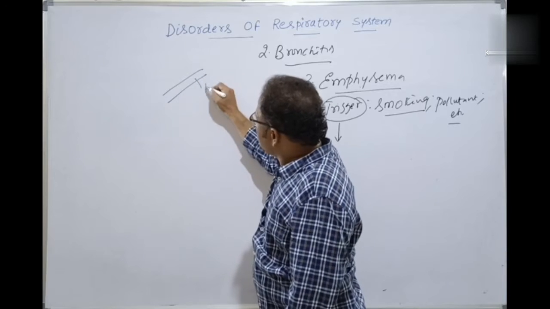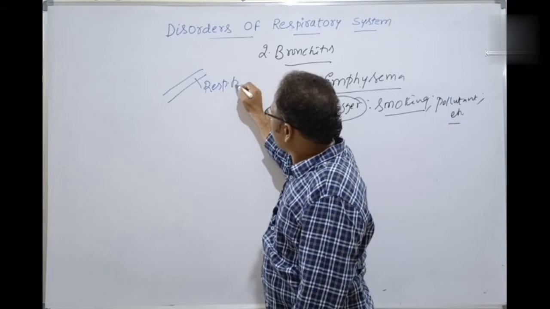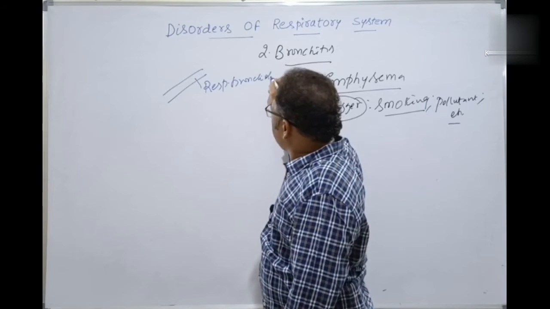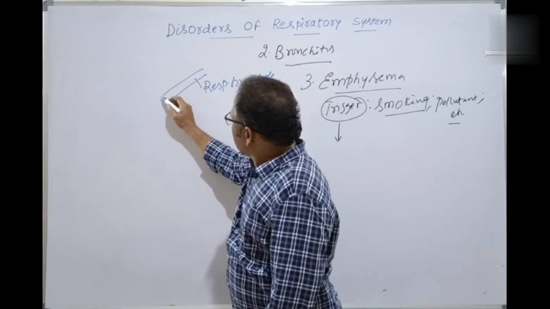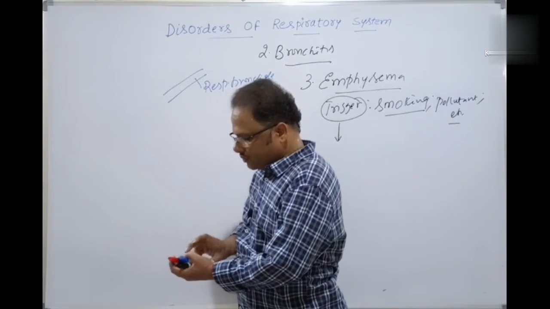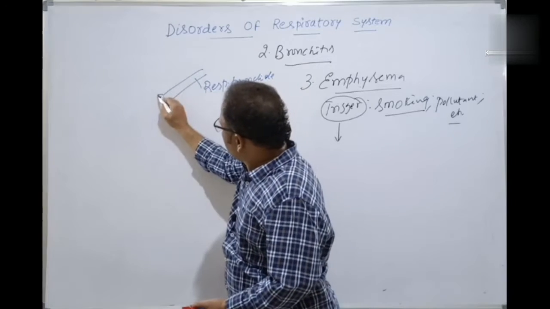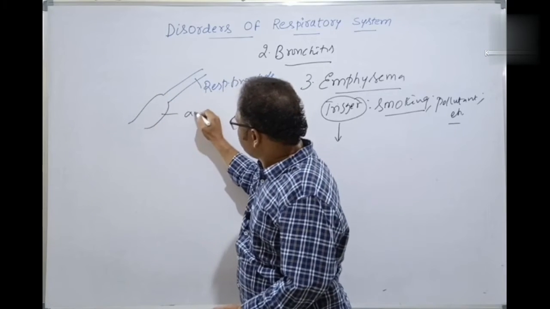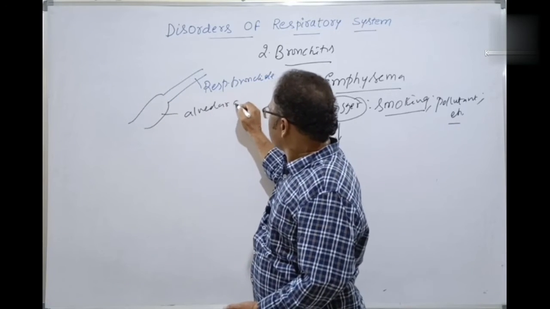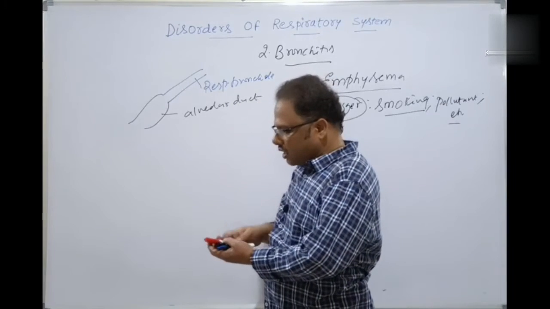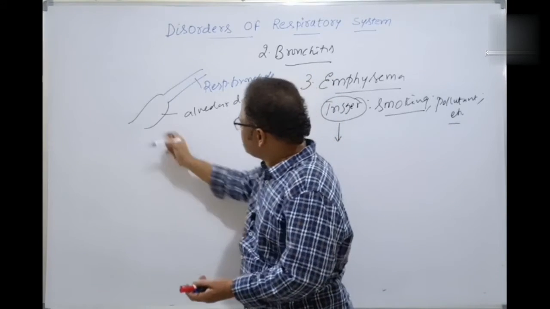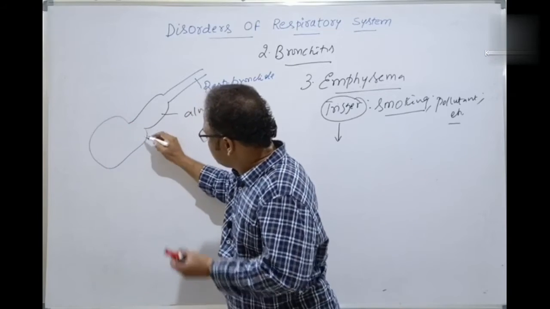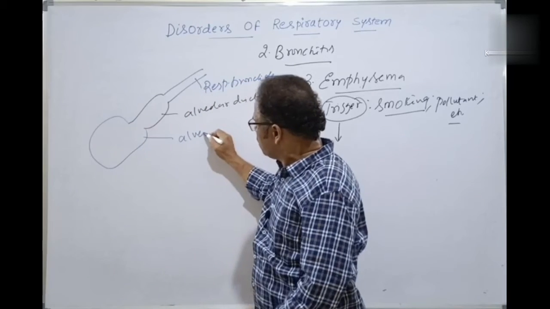The respiratory bronchiole leads to which one? Alveolar ducts. This is the alveolar duct. The alveolar duct leads to the alveolar sac. This is the alveolar sac here.